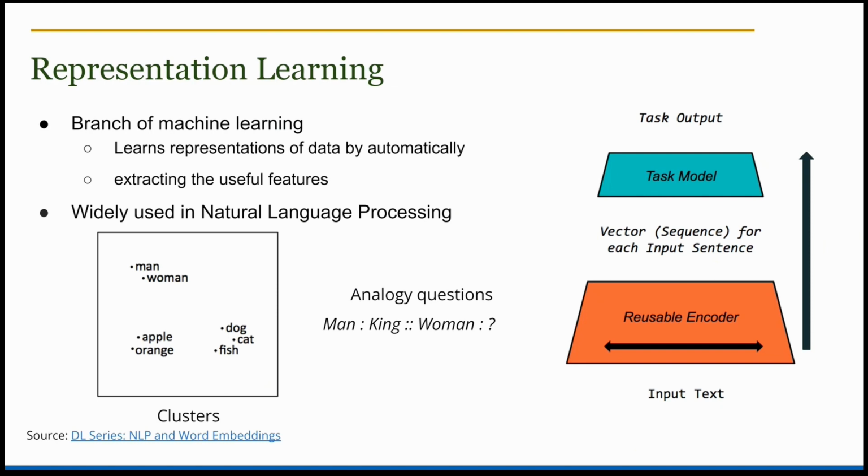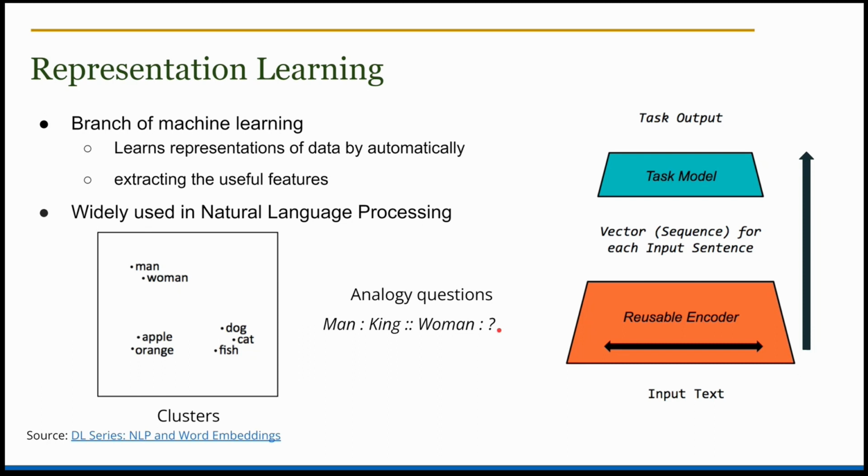Now we use representation learning techniques. What does representation learning mean? It is a branch of machine learning that tries to learn representations of the underlying data automatically. It is widely used in natural language processing. A famous example is this: man is to king as woman is to what?